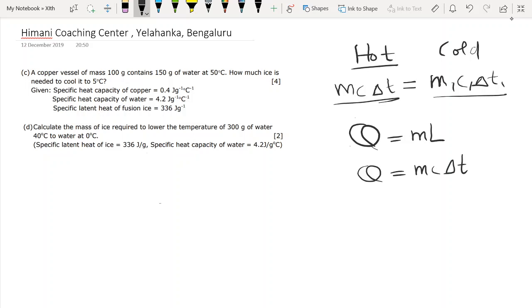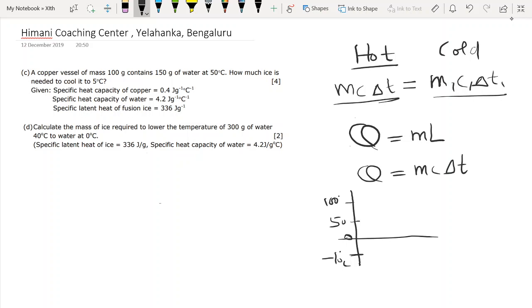Just for explanation, if there is ice at, let us say, minus 10 degrees Celsius, and this is my 0, let me keep this as 50 and maybe this as 100 degrees Celsius.